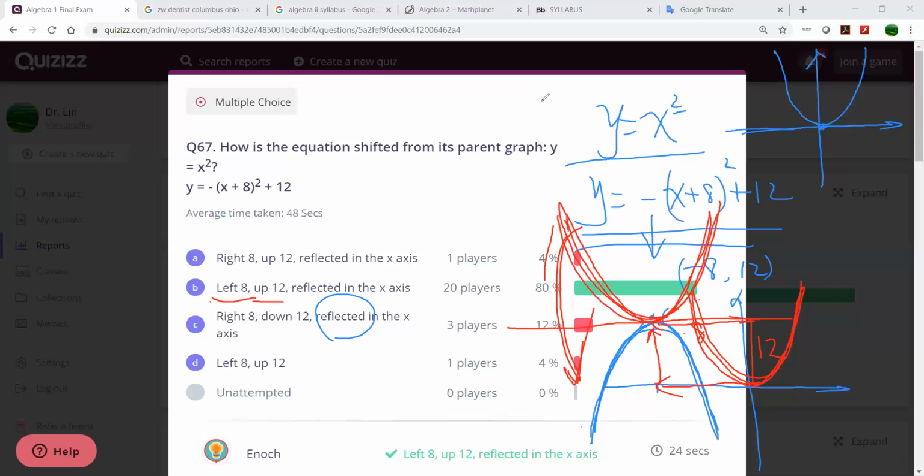So you see like that? First is right here. You move 5 units, up 12 units, and then flip down. Right? So it's B.